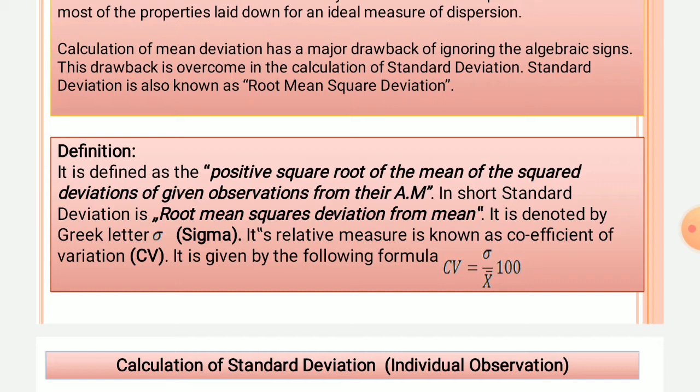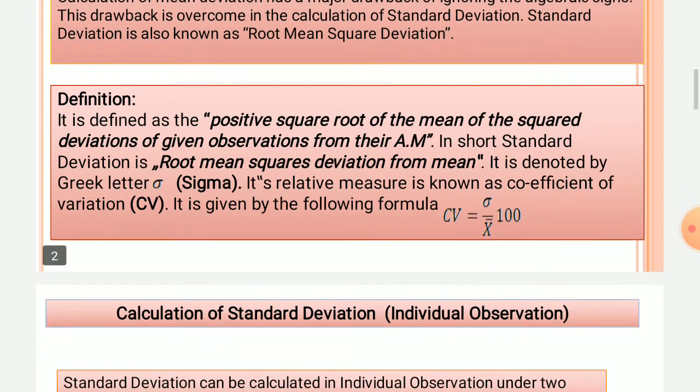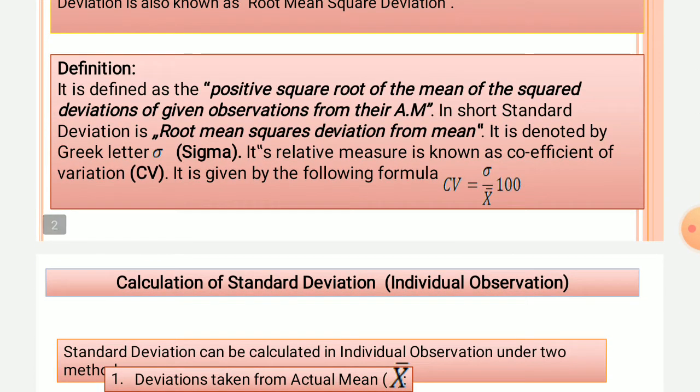It is the positive square root of the mean of the squared deviations of given observations from their arithmetic mean. Its relative measure is known as the coefficient of variation, and it is denoted by the capital letters CV, which stand for coefficient of variation.